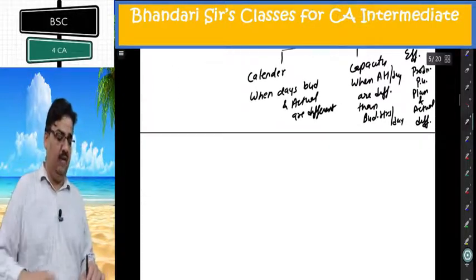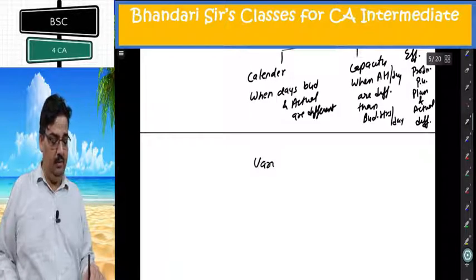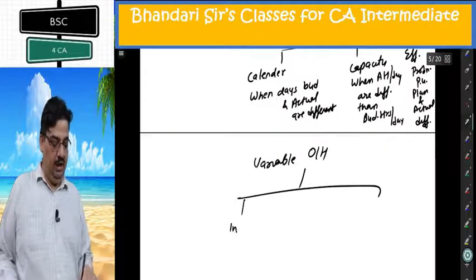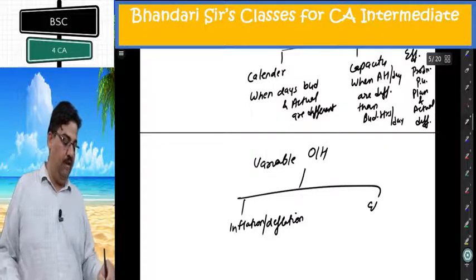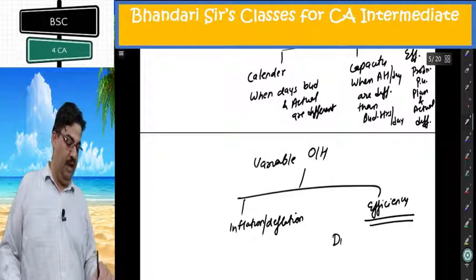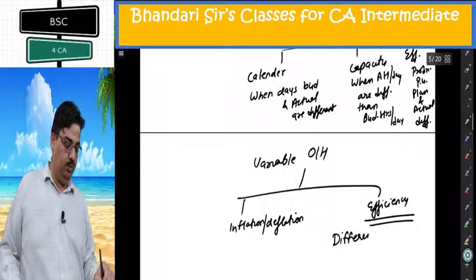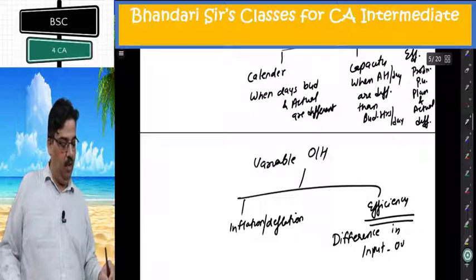Variable overhead is not difficult. Variable overhead is simple. Inflation, deflation, which is expenditure again, or efficiency. We call efficiency a difference in input output ratio.